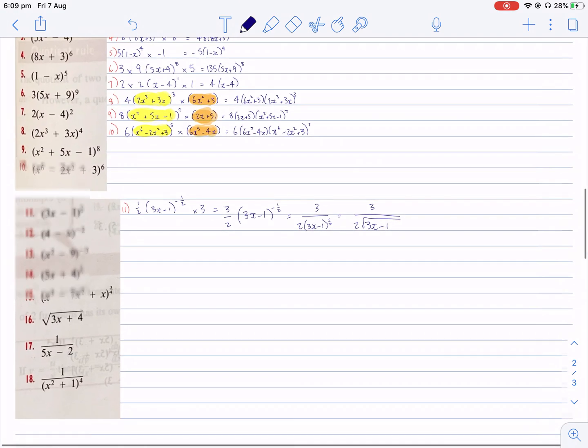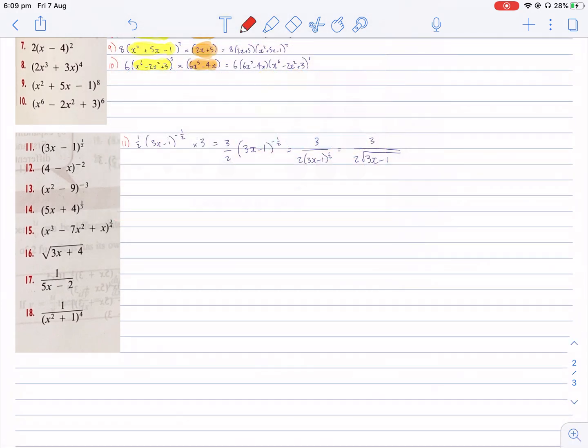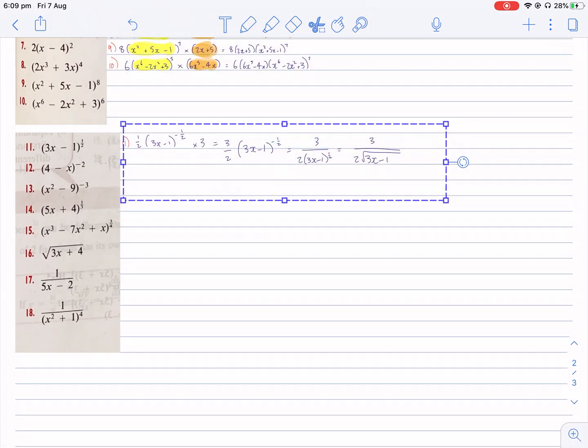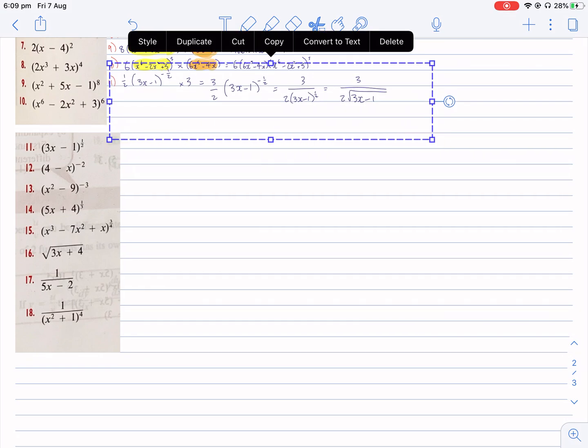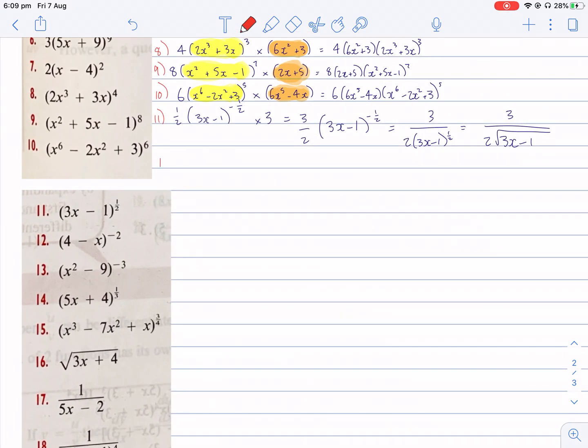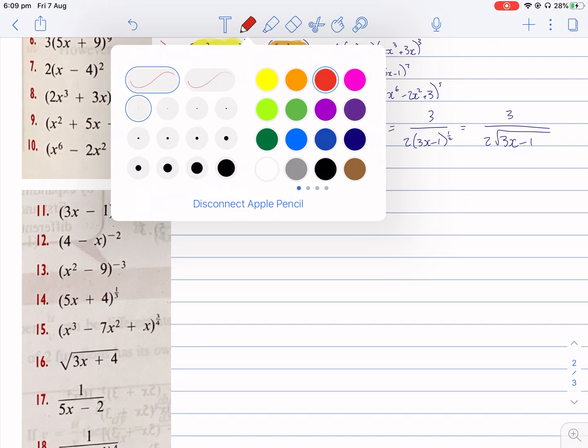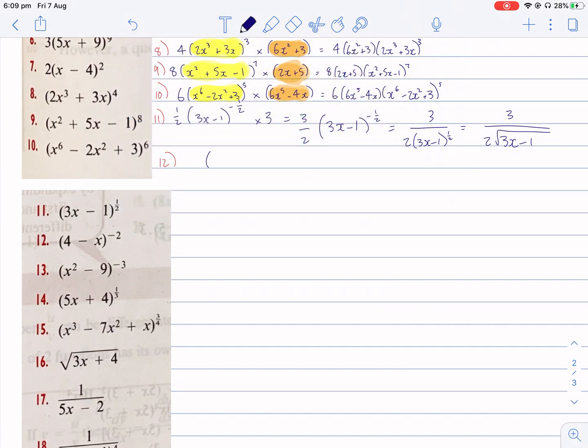You should be able to get to that step, though, pretty much immediately by now. So that was question 11. Question 12, we've got something to the negative 2, 4 take x, that means we've got negative 2 times that to the negative 3, multiply by the derivative of the inside.